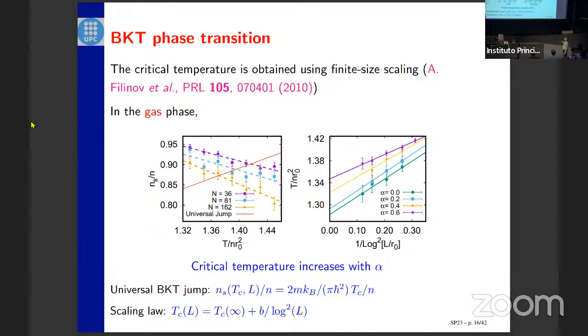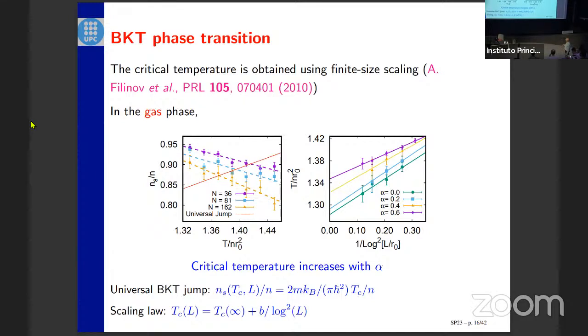Then you translate that in this other figure. So you plot for a given angle, for instance, alpha equals 0, these intersections in this scale, because it is known that the scaling law for the BKT has to be this one from theory, okay?